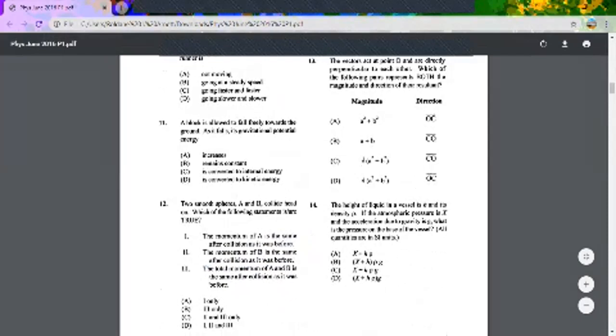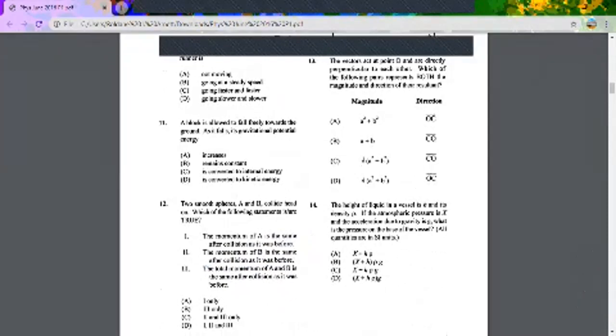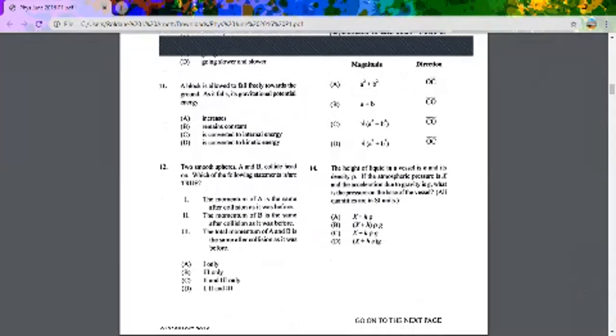Number 12. Two smooth spheres, A and B, collide head-on. Which of the following statements is or are true? The answer is B only. The momentum of B is this. B only.